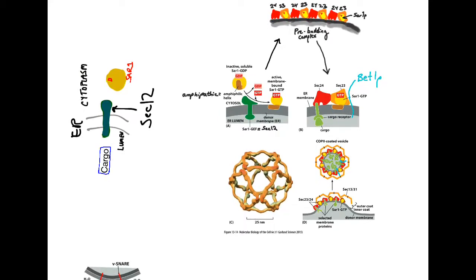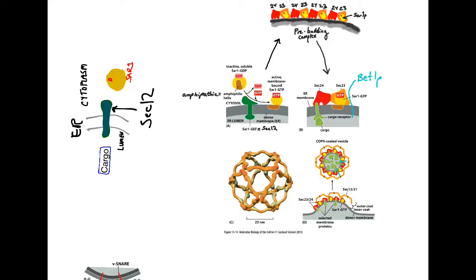But for now, let's proceed with the formation of the coat. So that begins as this bud. One thing or another causes this curvature. Again, it's not agreed upon, but in any case, by the time all of this coat complex through Sec13-31 is formed, you end up with a coated vesicle. And this is what the coat looks like with everything else removed.